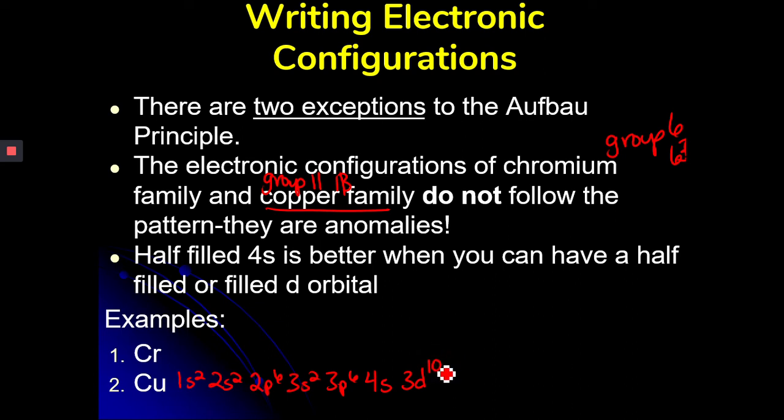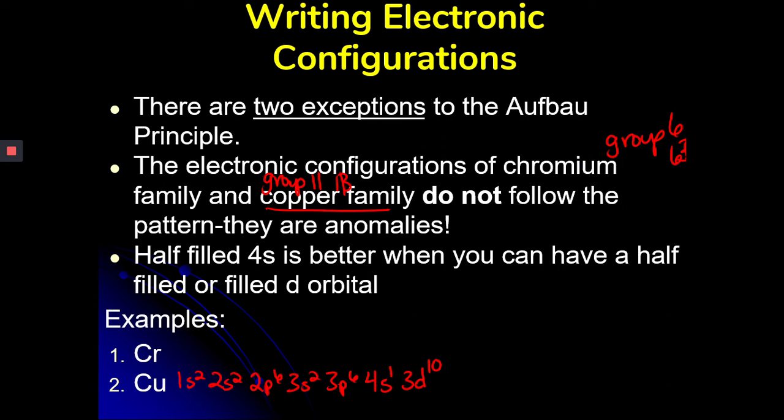We're going to fill the 3d by taking 1 from the 4s. One of the electrons in the 4s is going to go ahead and fill out the 3d because that's just more stable. The electrons are happier in this situation than with a 4s2 3d9 combination. So for anybody in the copper family, copper, silver, gold, it's going to end in s1 d10 instead of s2 d9.